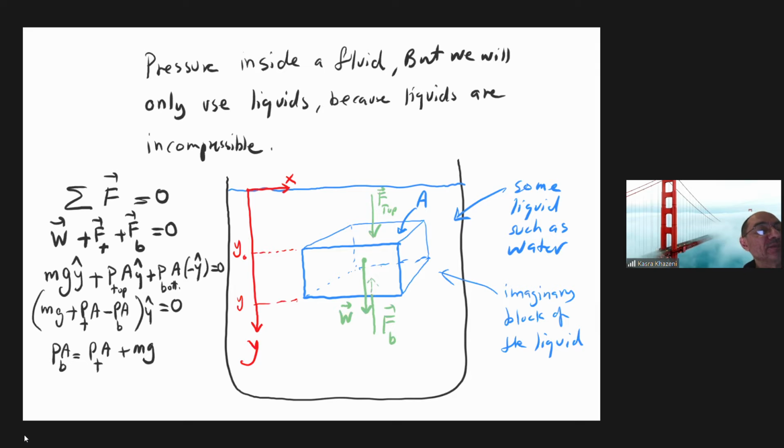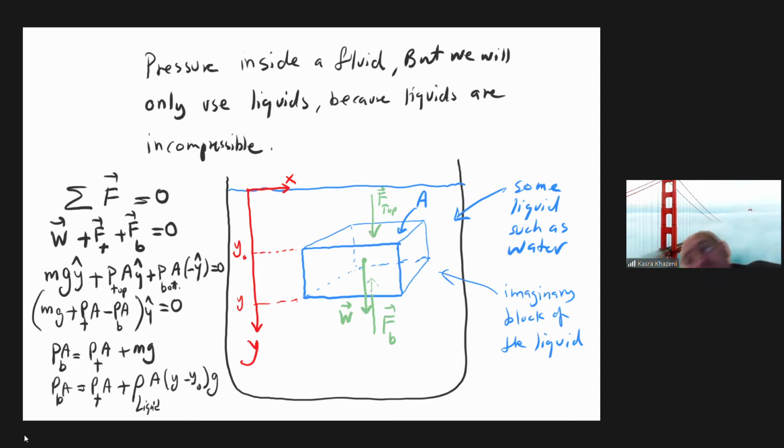Now I need to find out what m, the total mass of that imaginary block of liquid, is. And that's simply the density of the liquid times its volume, which is A times y minus y naught. Anytime you guys get confused, please stop me and ask questions.